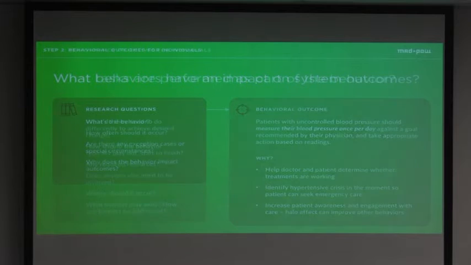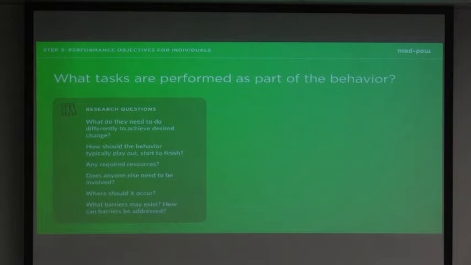After we identified the behavioral outcome or the behavior goal, we need to identify what are the sub-behaviors. So think about it as if you were writing an instruction to your child or to someone who needs a very simple step-by-step guidance of what to do. So we identified that we want to have patients measure their blood pressure daily and compare it to the goal and take an action based on it.